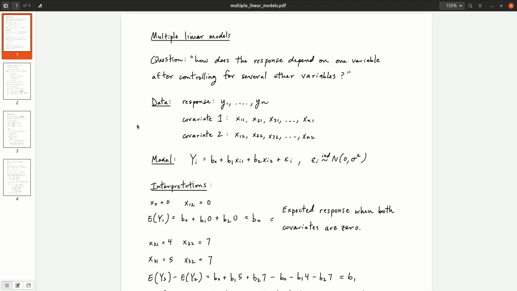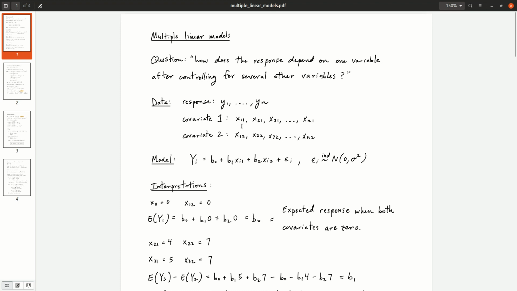So let's introduce the notation for the data and the model, and then we'll see why this particular model has that interpretation. So the data, as before, this is what we'll call the response, lowercase y1 up to lowercase yn. Remember, these are just numbers that you can put on your computer. To introduce it first, we're going to have just two covariates. So covariate 1, the notation is going to be x11, x21, x31, up to xn1.